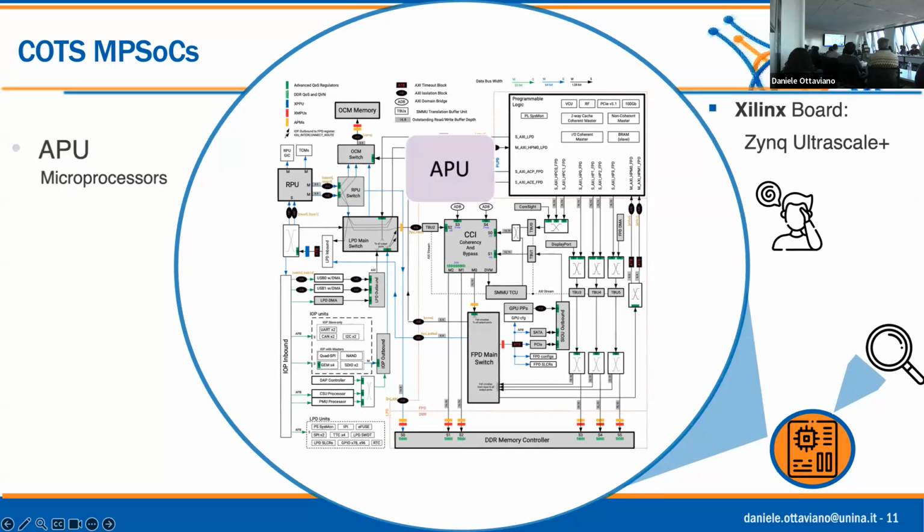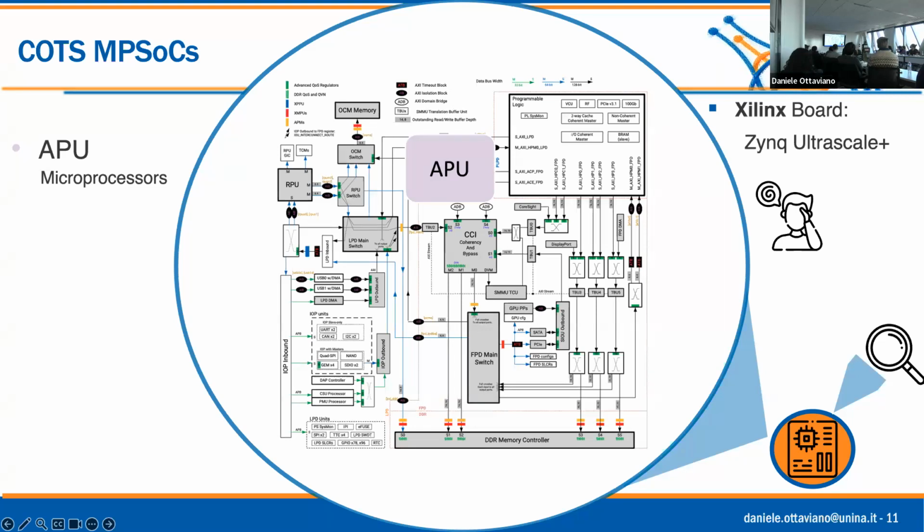Here, they are named APU, which stands for application processing unit. And they are the classical CPUs we have in our PC or wherever. They are complex in a way that they have complex features like, for example, branch prediction. They have support for virtualization, so you can run an operating system on them. And we can say that those are microprocessor-level CPUs.